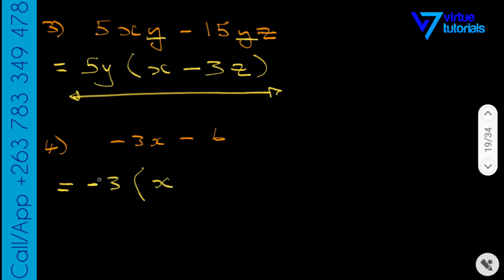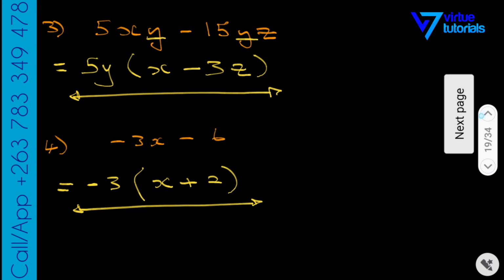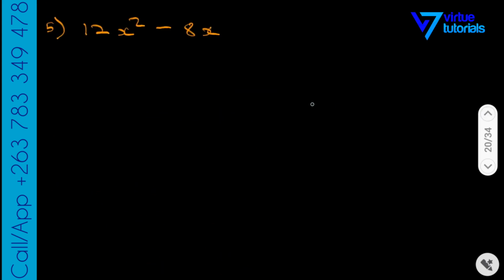And minus 6 divided by minus 3, the minus is cancelled out, so I have a positive 6 divided by 3, that's a positive 2. So when I factor out a minus here, there was a minus there, but now it changes to a positive, such that if I multiply this, I'll get back here. That's the important thing. You can check your answer to see if it's correct. You multiply these brackets and see if you're getting back to your original position, which you should always get.